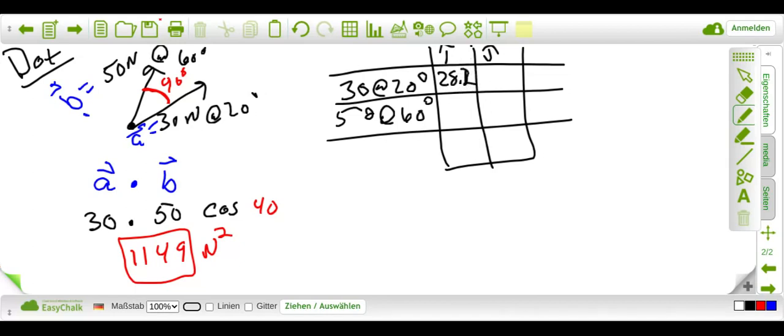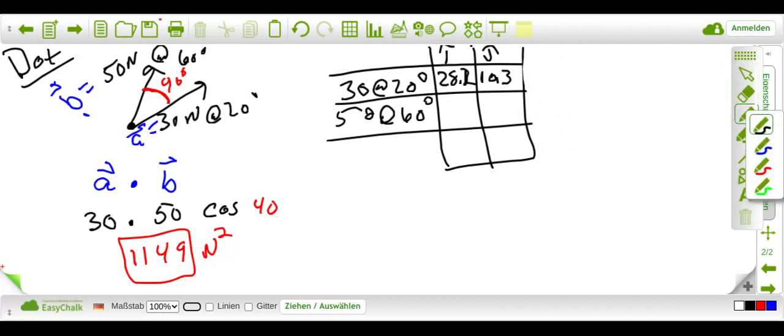And I do 30 sine 20, and I get 10.3. Now, we will get a more precise answer if we take this out a few extra decimal spots. I might show you that here in a minute. And then we can do the same with 50 cosine 60, which is going to be 25, and 50 sine 60, which is going to be 43.3.